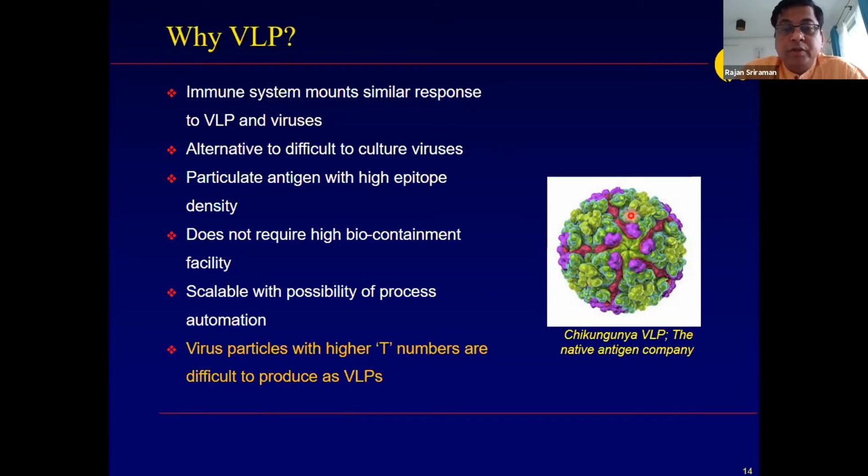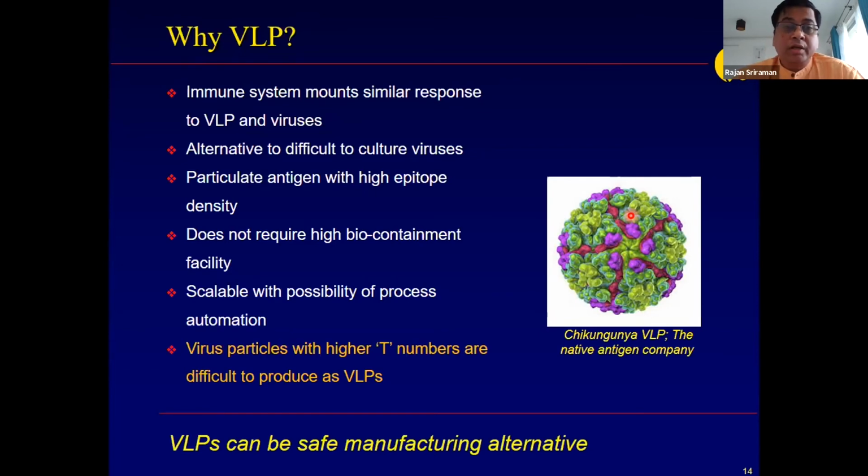And given we are looking at a spontaneous assembly of a virus particle, maintaining that stoichiometry and allowing individual components to come together in an exact fashion is a huge challenge. Therefore, any virus that has a higher T number will be very difficult to convert into a VLP. And as I said, VLP is a very, very safe way of manufacturing. It's a safe manufacturing alternative.